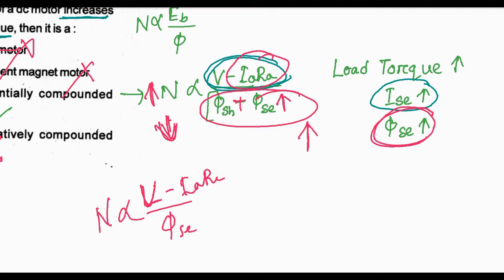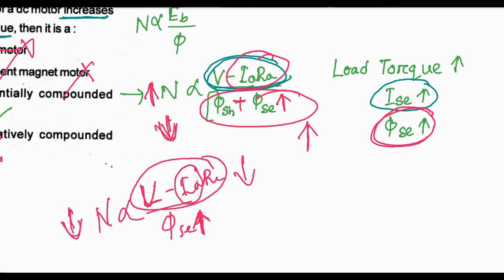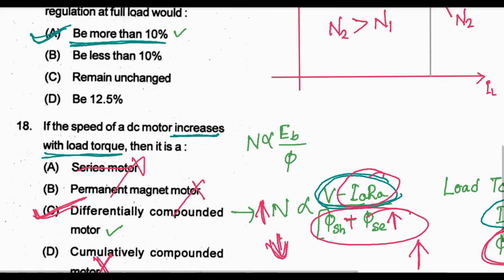So when load torque increases, IA also increases, and this one also increases. So this whole term will decrease and this whole term will increase. So N will decrease. So I can write here that option C is the correct answer.